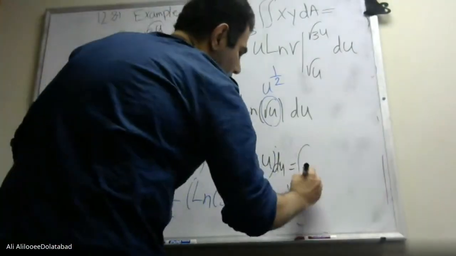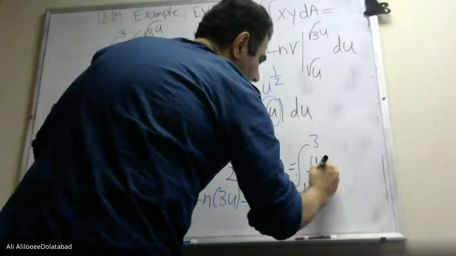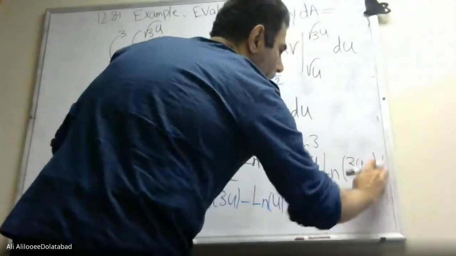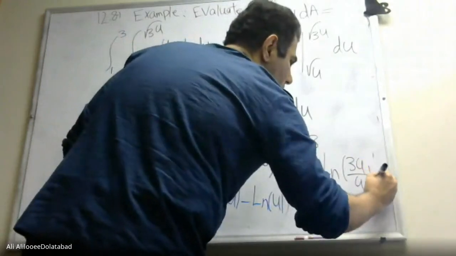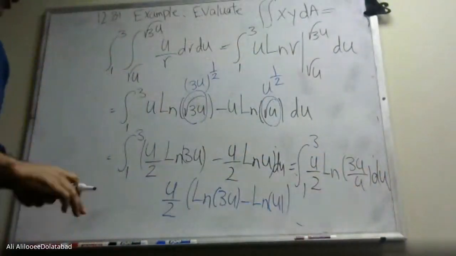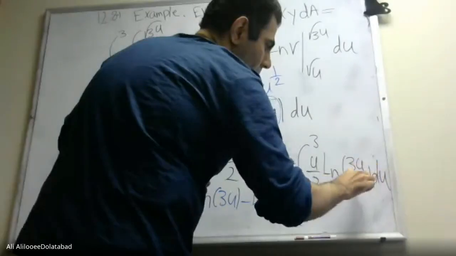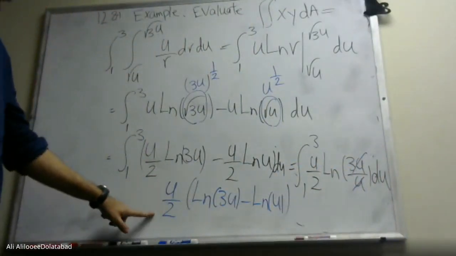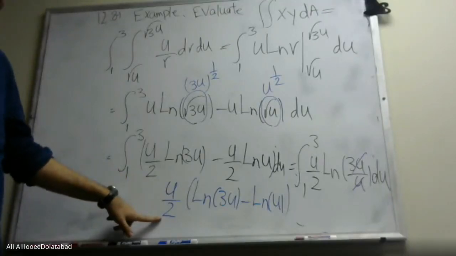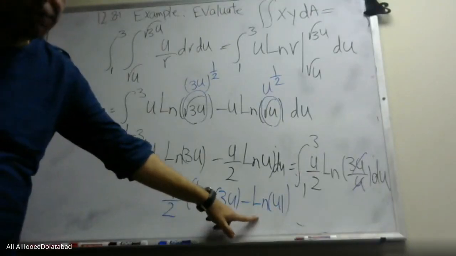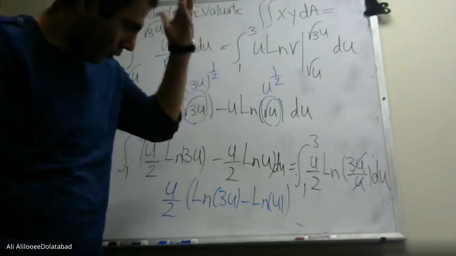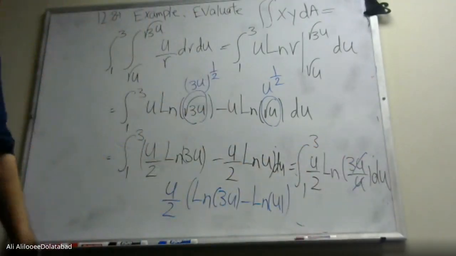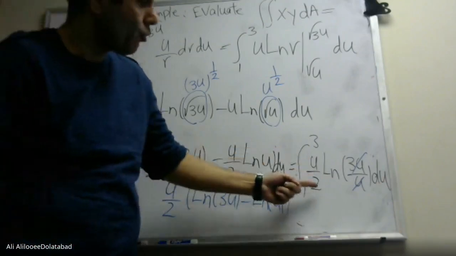Then this is equal to integral 1 to 3 of u over 2 ln of 3u over u du. And u and u will be cancelled. Then what is left? We have u over 2 times ln of 3.